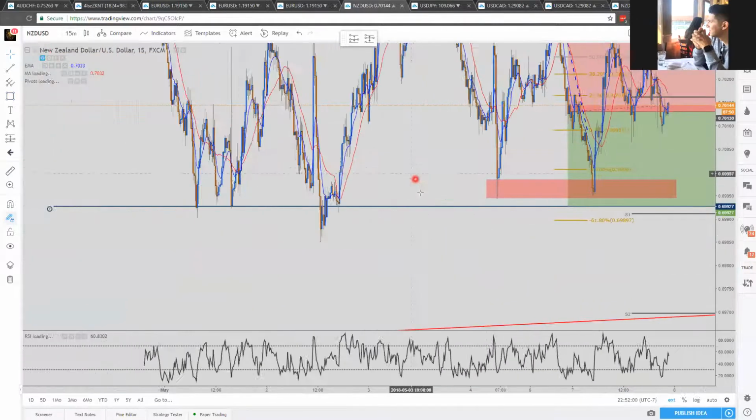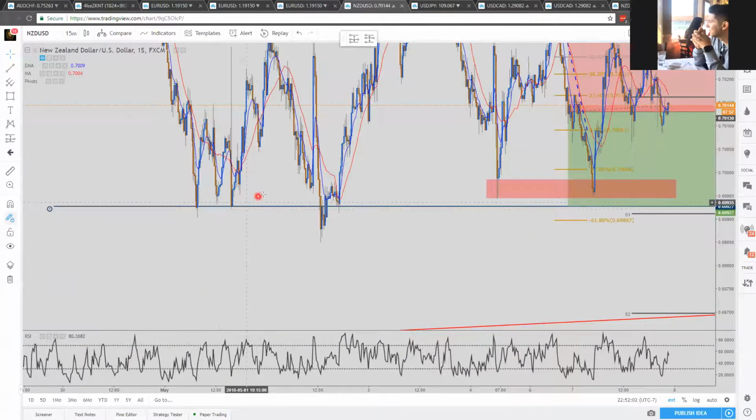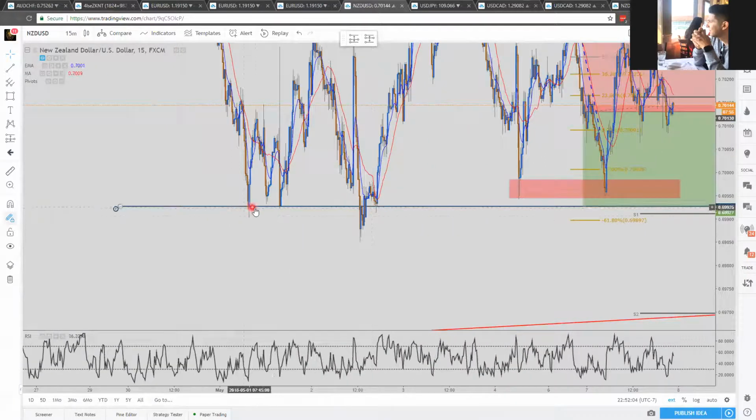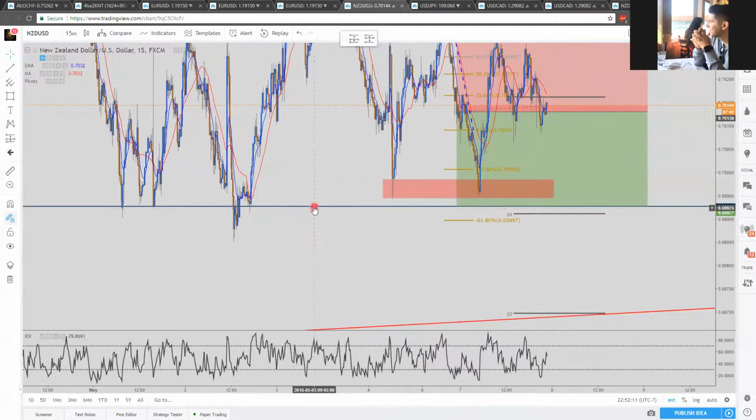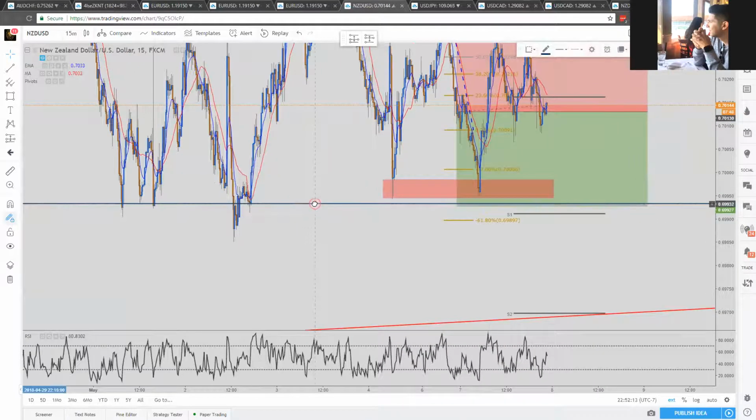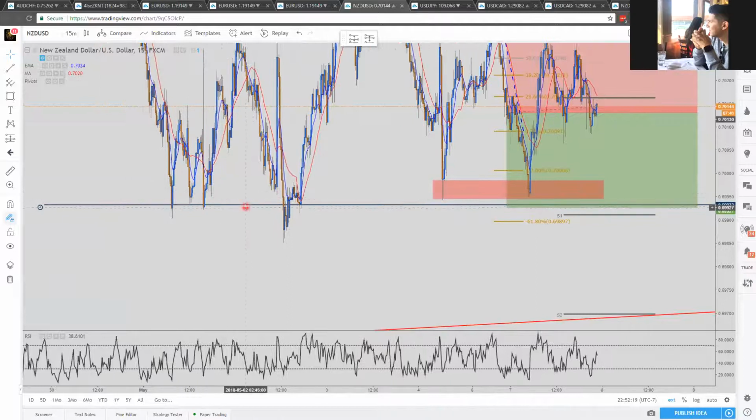I thought it was going to drop down to this support level. That's where I put my take profit, where most of these candles were touching. Probably could have adjusted it a little bit more, but it still would have been around this area where I would have done it.